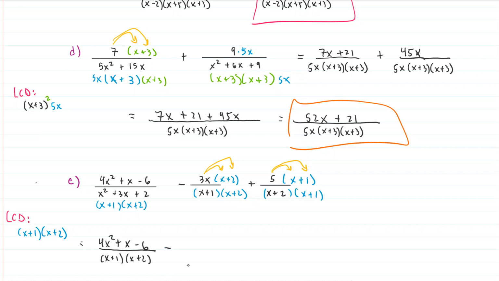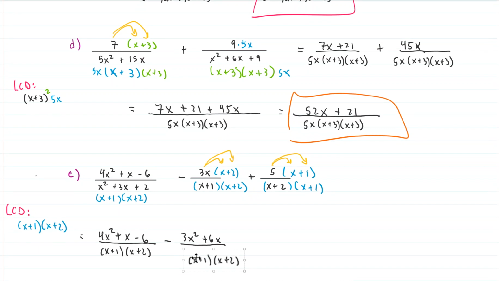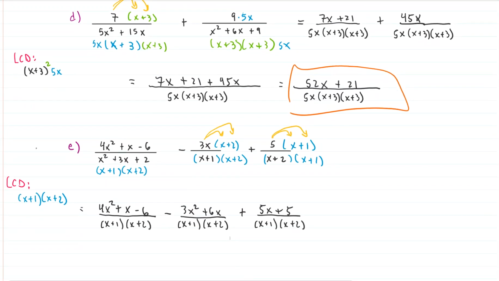Then we're subtracting 3x times x is 3x squared, and 3x times 2 is 6x, and we have our common denominator in the bottom, and we're adding 5 times x is 5x, 5 times 1 is 5. And again, we have our common denominator. We're close. We're really close.